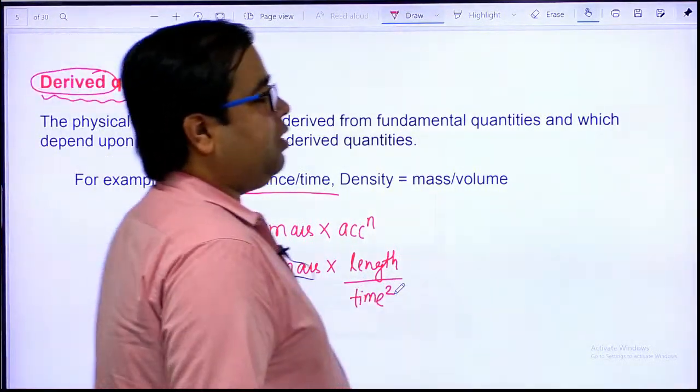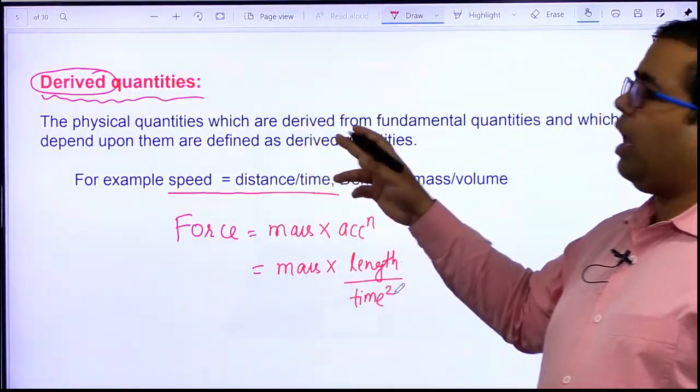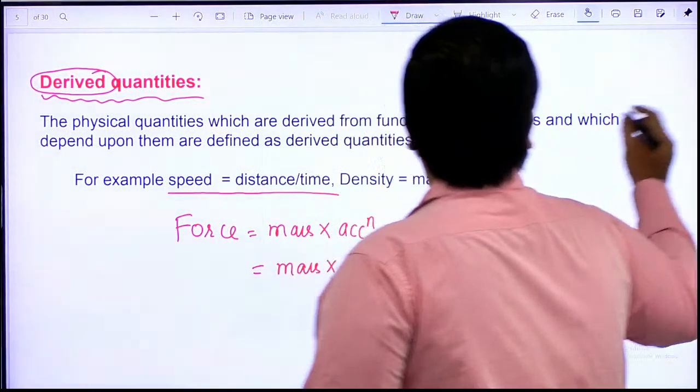So it's derived using the fundamental quantities. Every derived physical quantity is dependent on fundamental quantities.